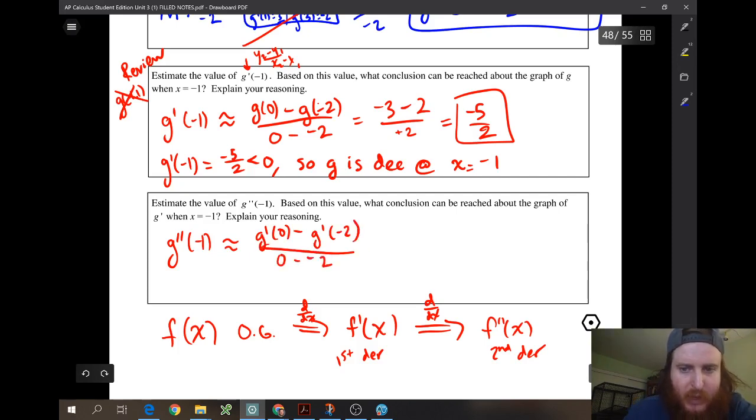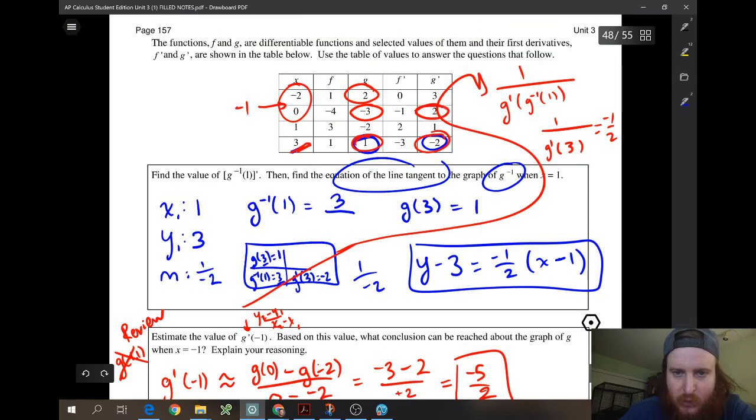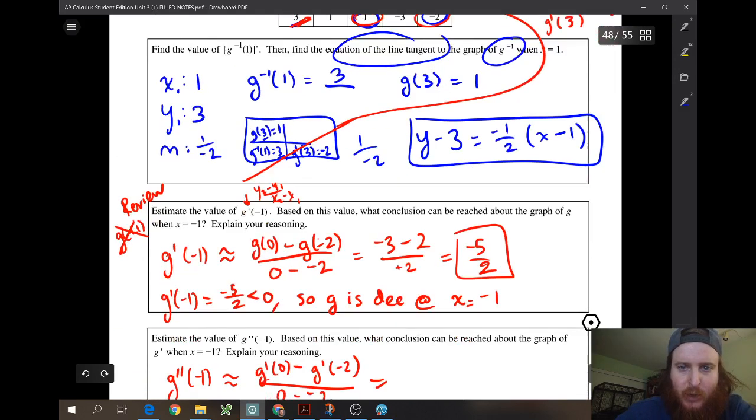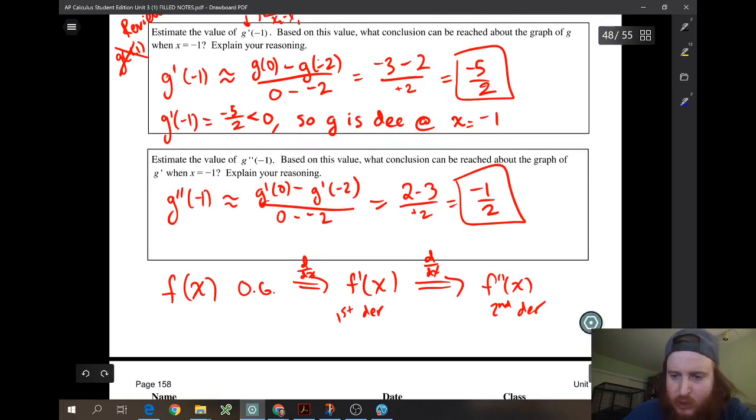Now g prime of 0 would be the 2 here, and g prime of negative 2 would be the 3. So 2 minus 3 over positive 2 would be negative 1/2. So we're going to box that, and I'll use another color so we don't get everything blending so much.